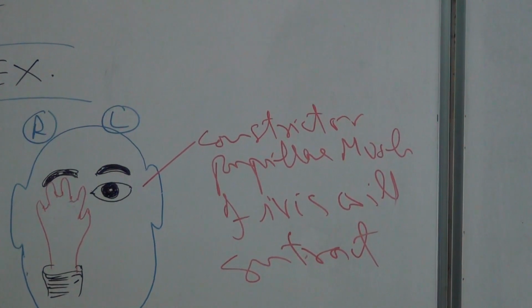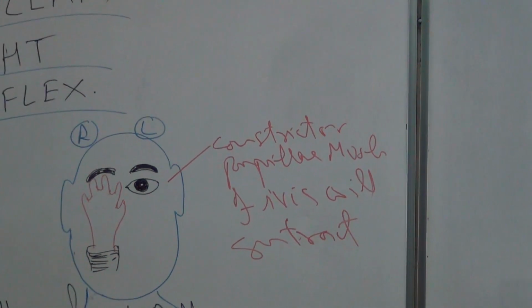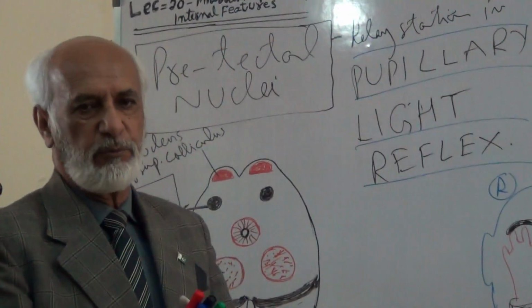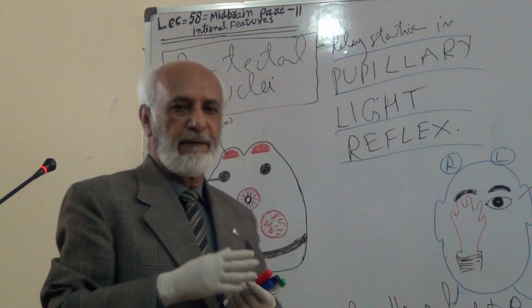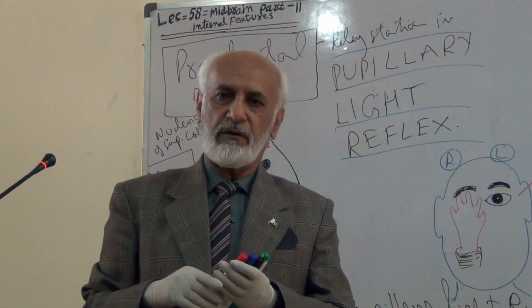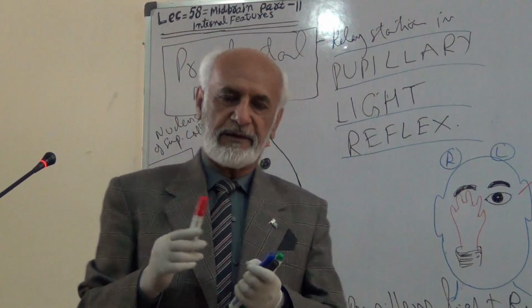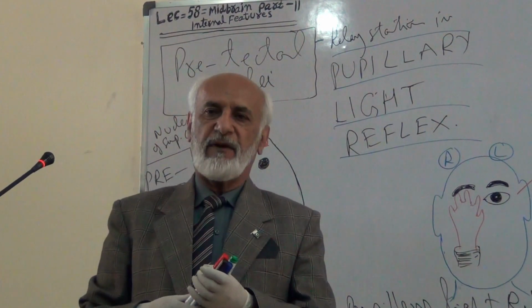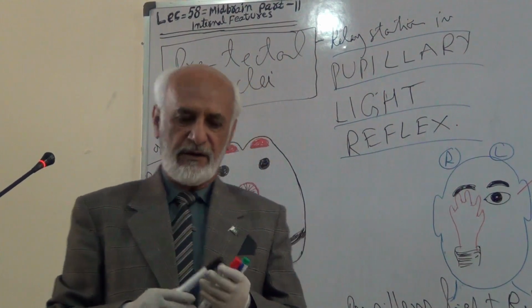In response to parasympathetic stimulation, the pupils constrict, and in response to the sympathetic nervous system, the pupils dilate. Here, the parasympathetic part of the autonomic nervous system is involved. That I will explain later on. So this was about the pupillary light reflex or consensual light reflex.